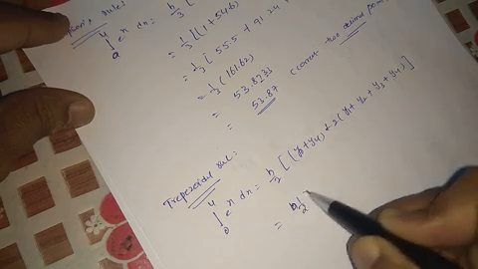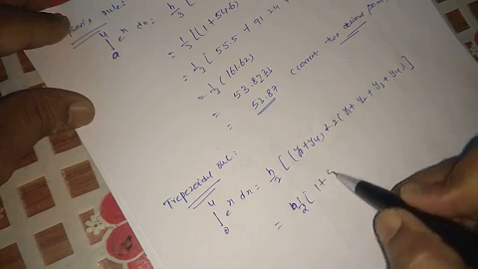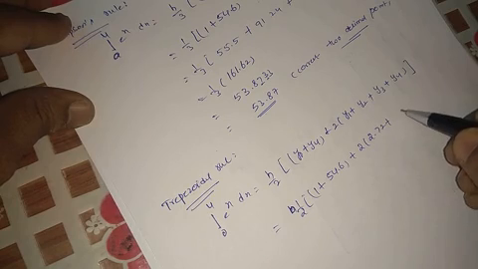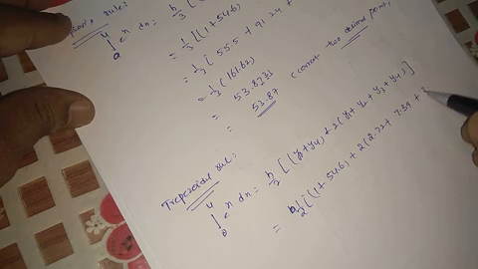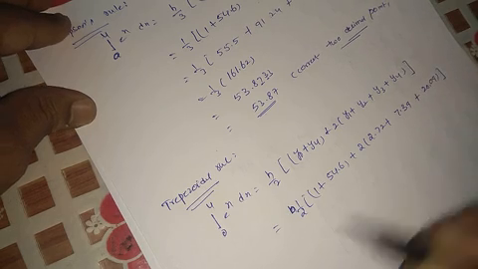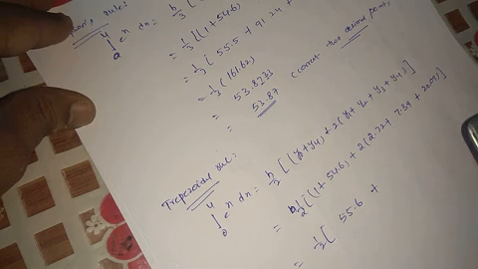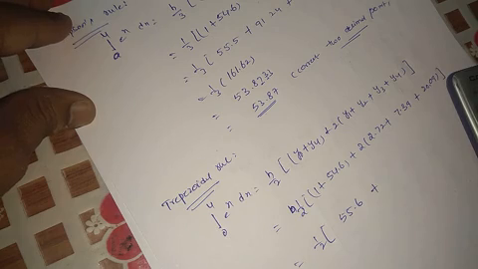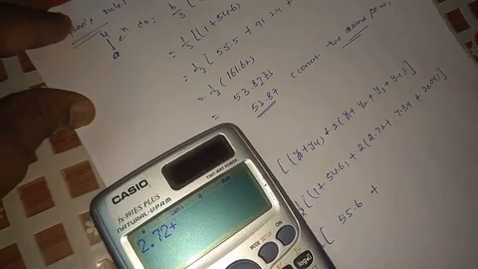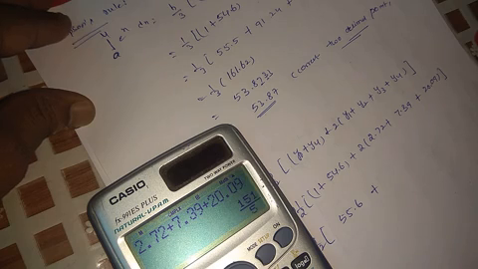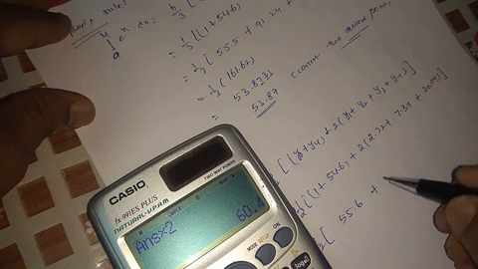H value equal to 1, y0 plus y4 is 1 plus 54.6, plus 2 into y1, y2 and y3, that is 1 by 2 into 55.6 plus, if we simplify this one, 2.72 plus 7.39 plus 20.09, that is 30.2 into 2, 60.4.